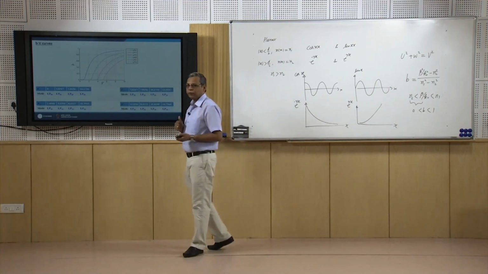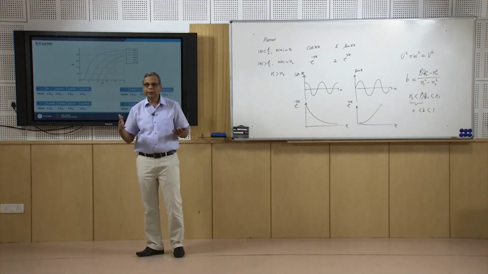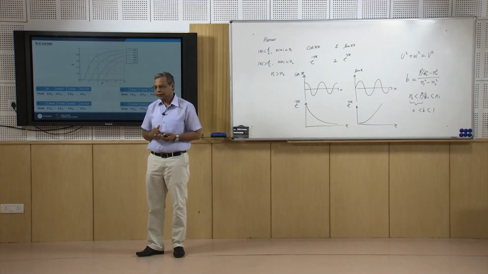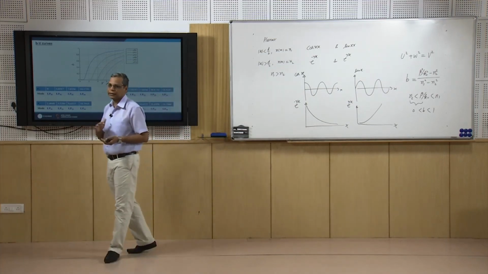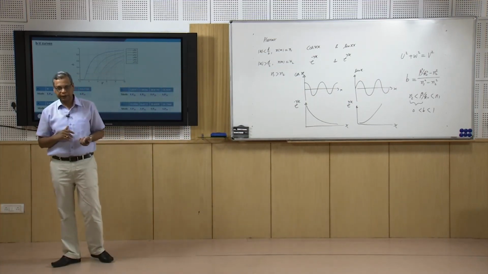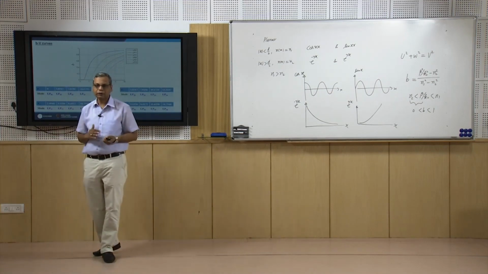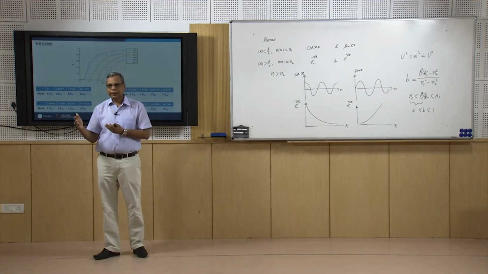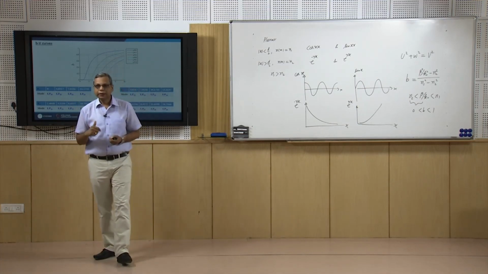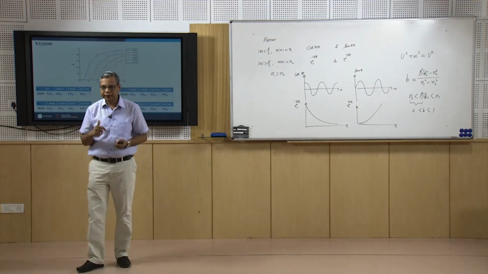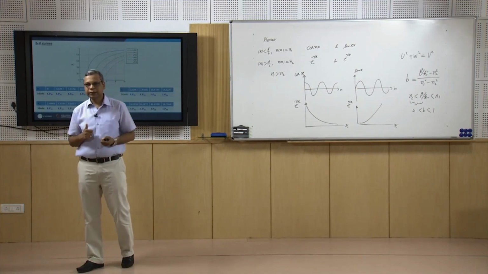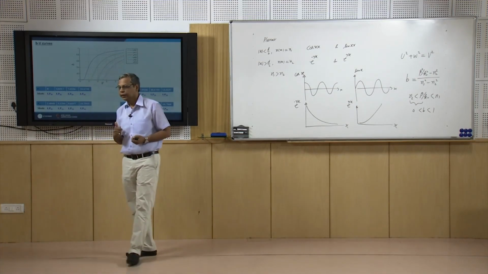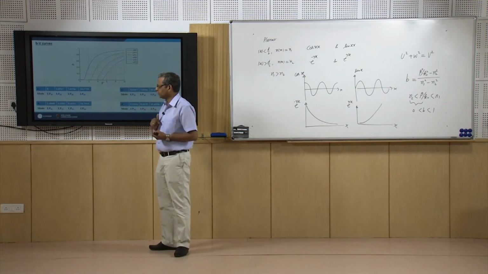Now, if I want to find out how many modes are guided, it is not as easy as it was in case of planar waveguide, where I just calculate the value of V divided by pi by 2, get the number and find the closest integer greater than that number. It is not that easy here.